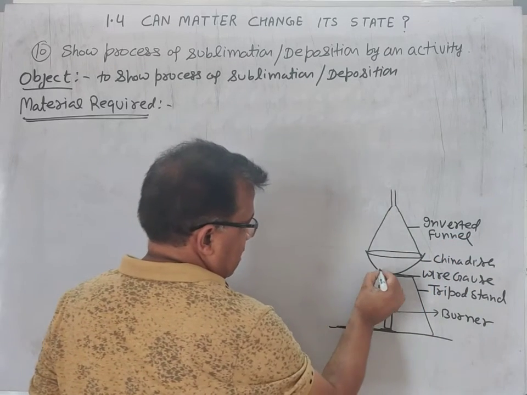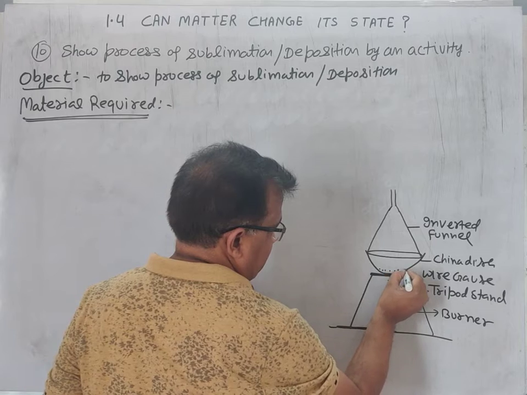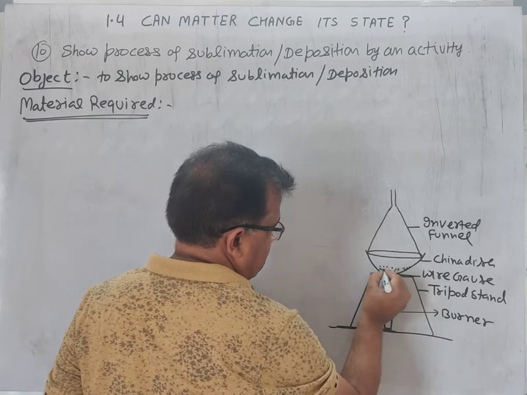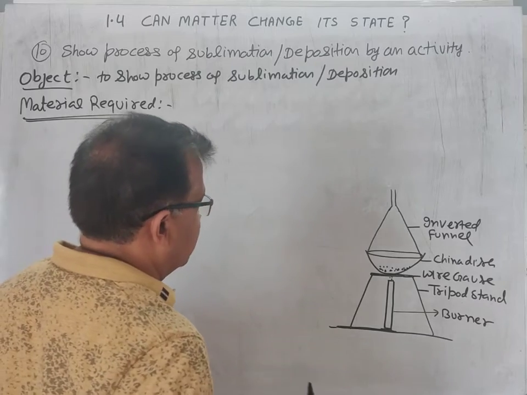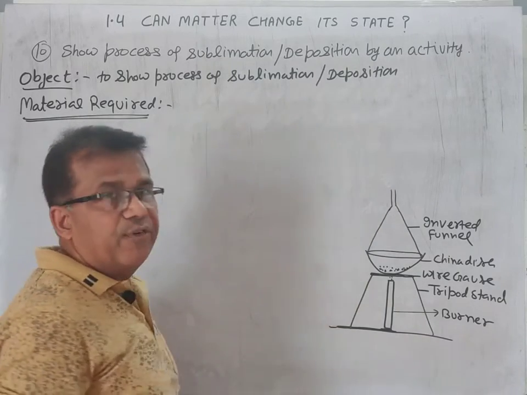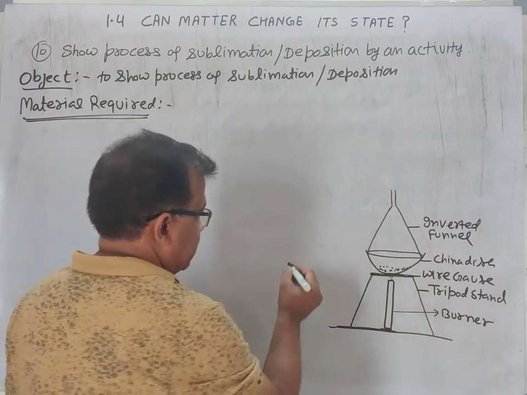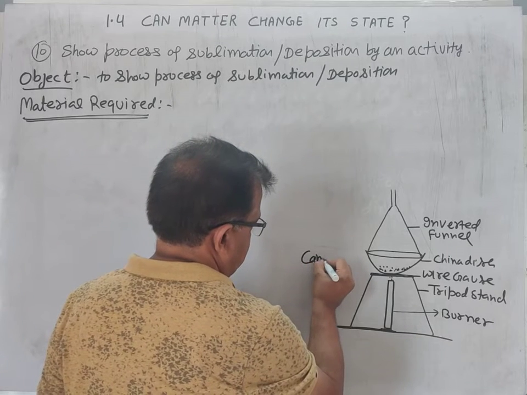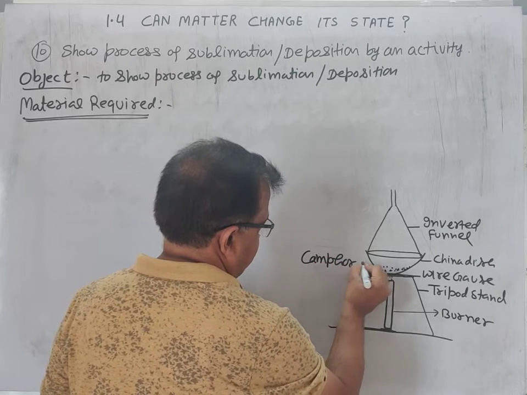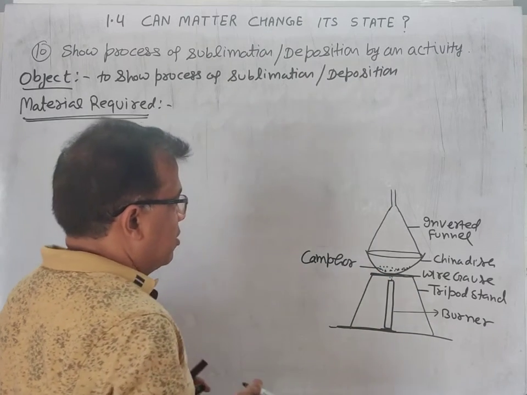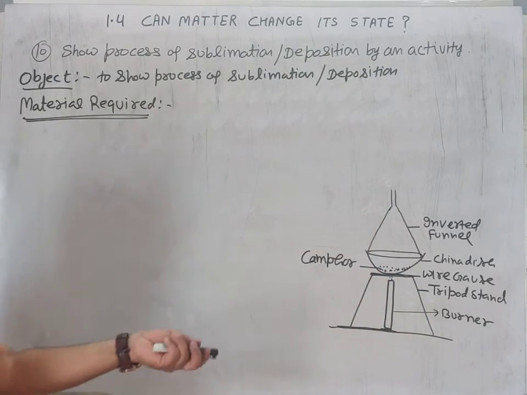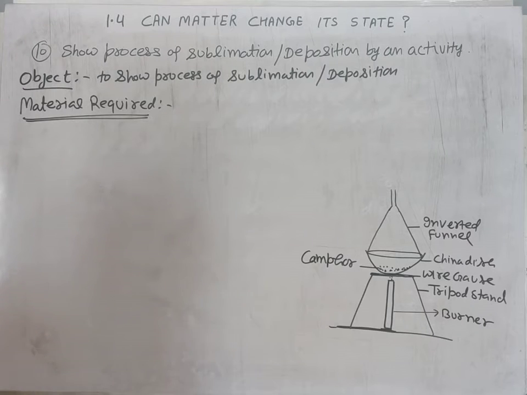And in the china dish we shall place some powdered sublime substance. As here it is, we can take camphor or ammonium chloride. Camphor. This is camphor. So material required are also clear in the diagram.